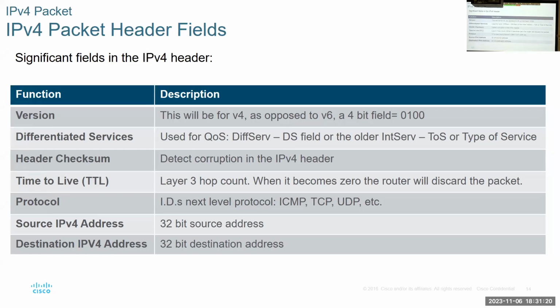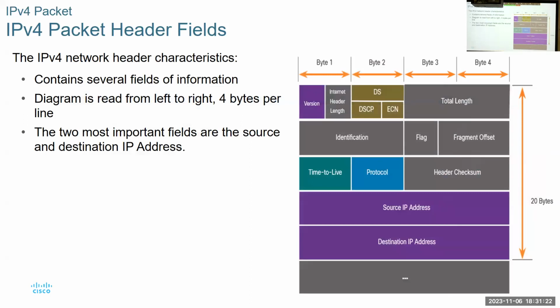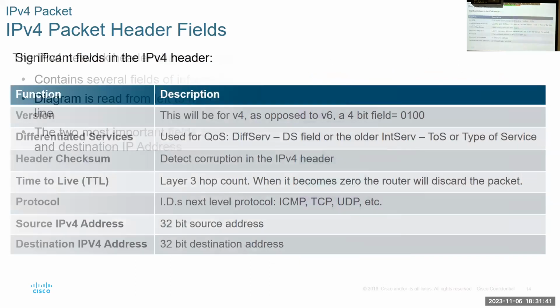All right, differentiated services, that's after the header length, which basically says how long this header is. So differentiated services byte or bits, which is basically used for quality of service, so that packets can be prioritized and moved to the front of the routing queue.